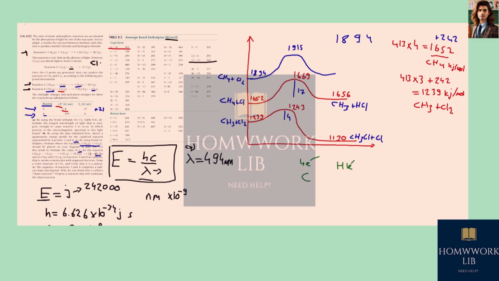I have 3 hydrogens and 1 carbon, so if I add these up, 4 plus 3, 7 electrons in all. So I'm going to draw carbon, hydrogen, hydrogen, hydrogen. I cannot put more electrons on hydrogen because it can only get 2 electrons around it. So I'm just going to add the rest of the electrons around the carbon.